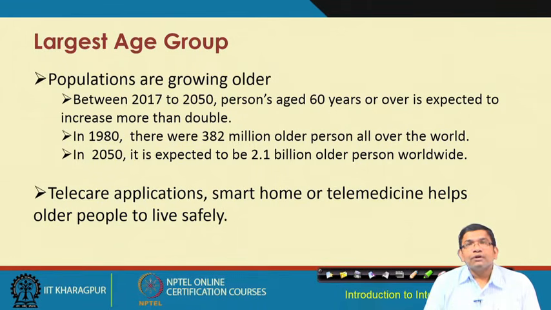You can have telemedicine solutions deployed in the homes of these elderly persons, so that the doctors can remotely monitor the condition of these elderly people from their home. I took the example of elderly people, but this also applies to other parts of the population as well.